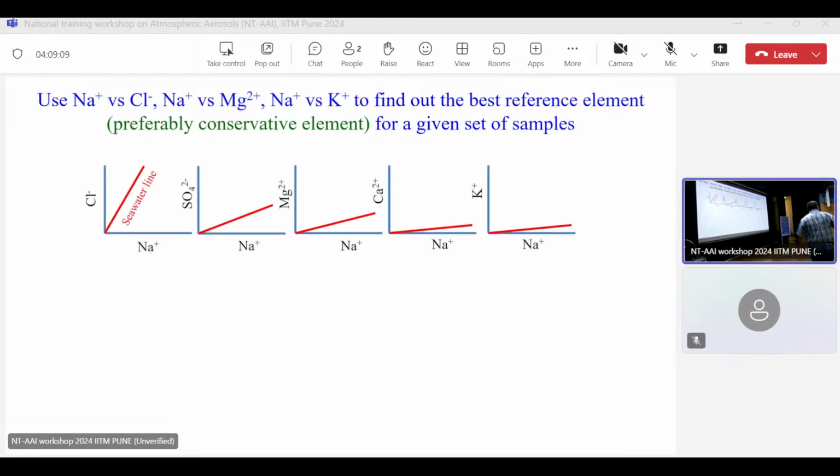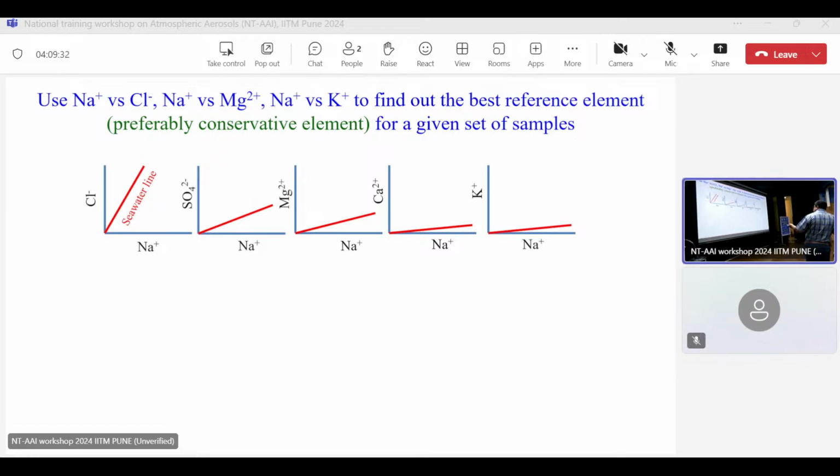Now, how do we know that whatever we are using is correct or not? With respect to sodium, I put all other lines here, and I put some slopes, which, if you have noticed, is similar to the percentage composition we were showing. I put the ratio.